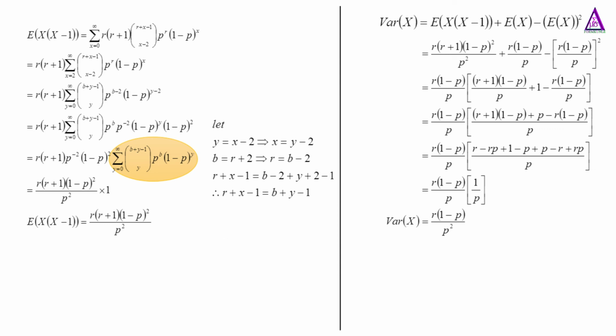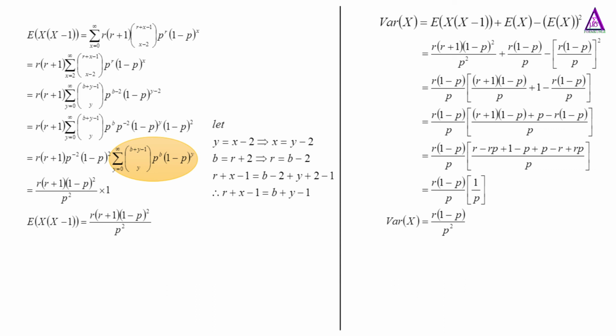So therefore, for our variance, by substituting for the expected value of x into bracket x minus 1 plus the expected value of x minus the expected value of x all squared, we have this equation. Now factorize r into bracket 1 minus p divided by p out of the equation because it's common to all of the terms.